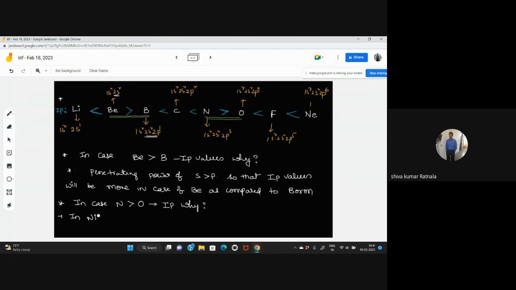In nitrogen, a half-filled electronic configuration is there. So as it is more stable, a stable atom, to remove an electron from a stable atom the IP value will be more, no?